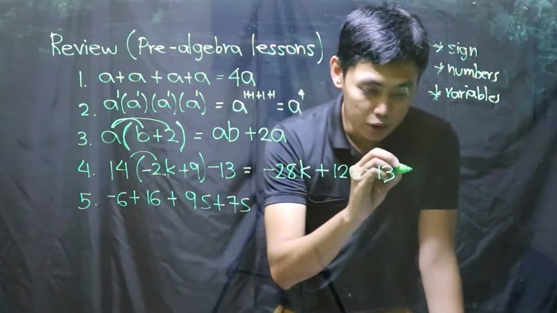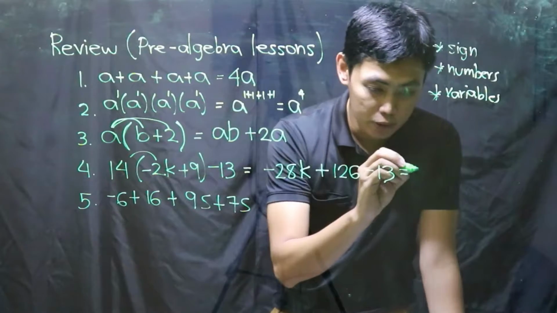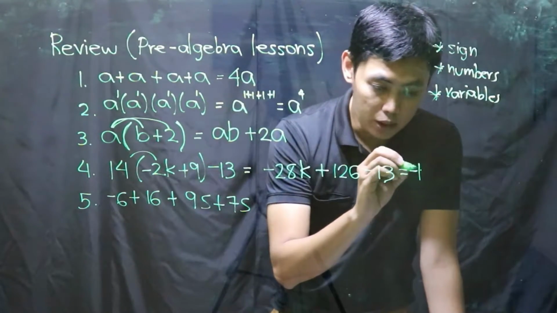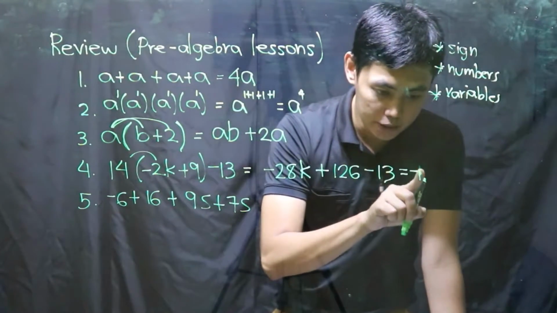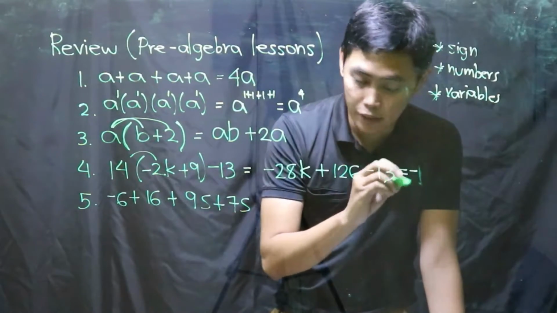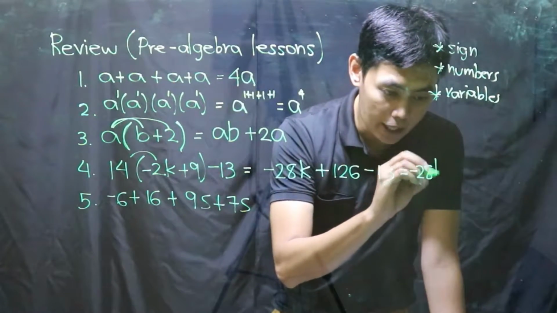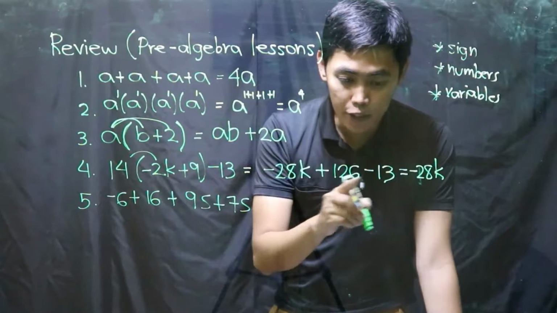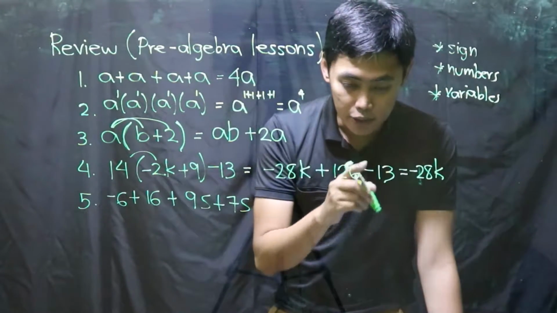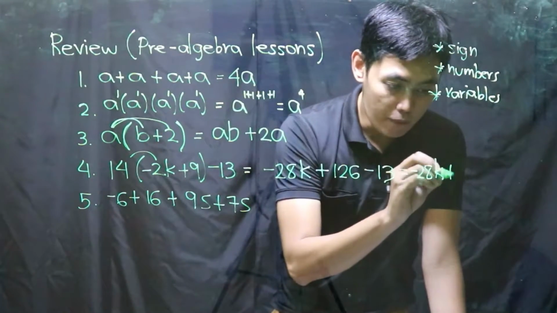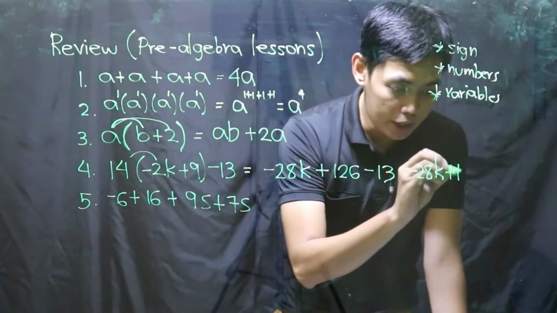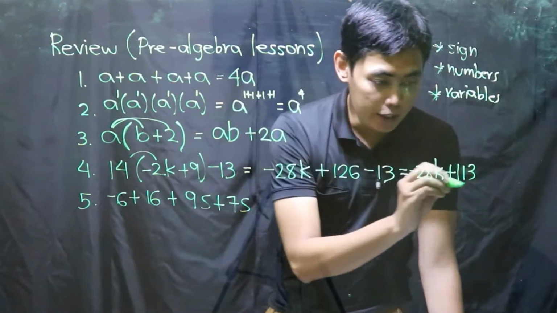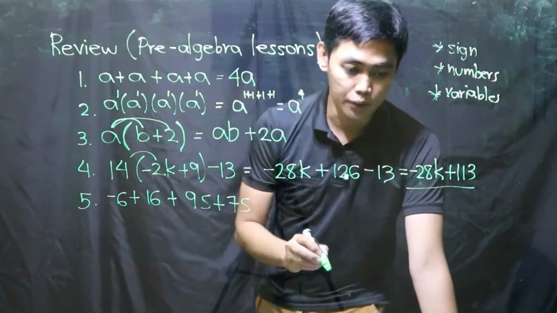So to solve this further, we will have to write negative 28k, and then 126 minus 13, we will have positive 113. And this is our answer.